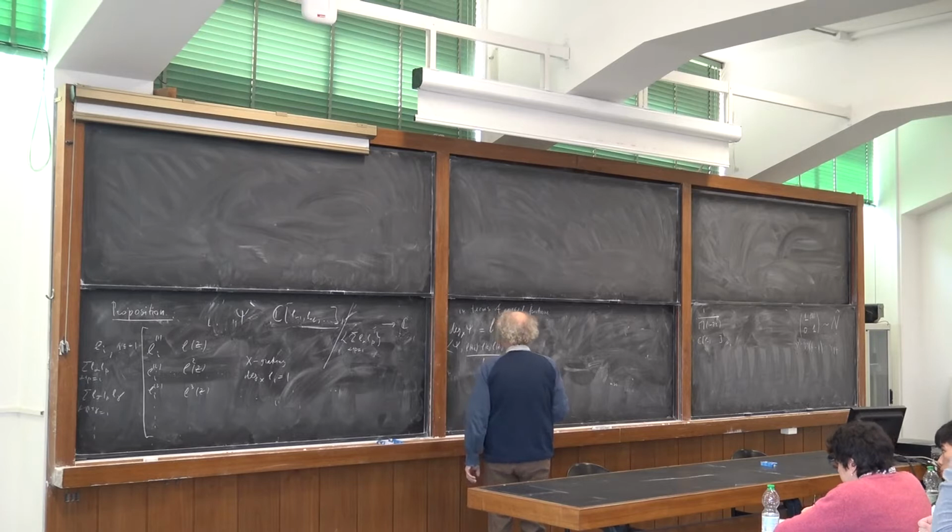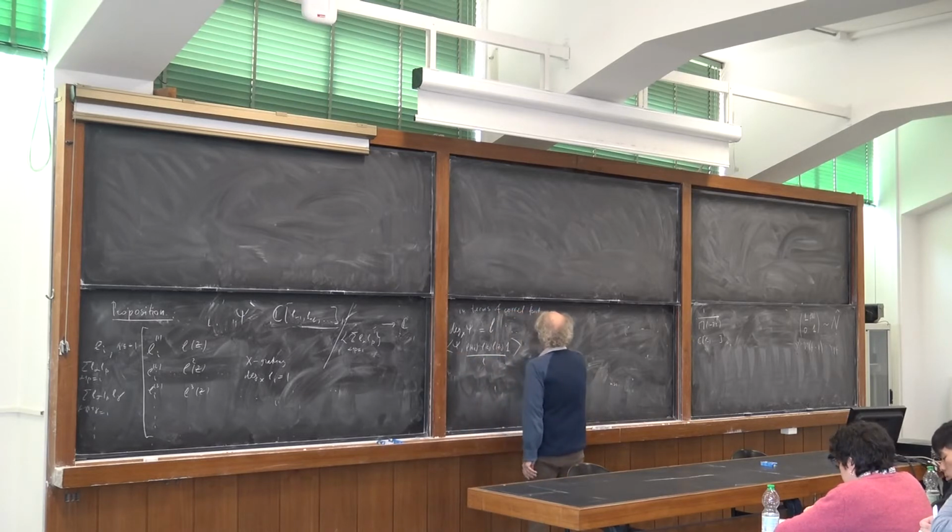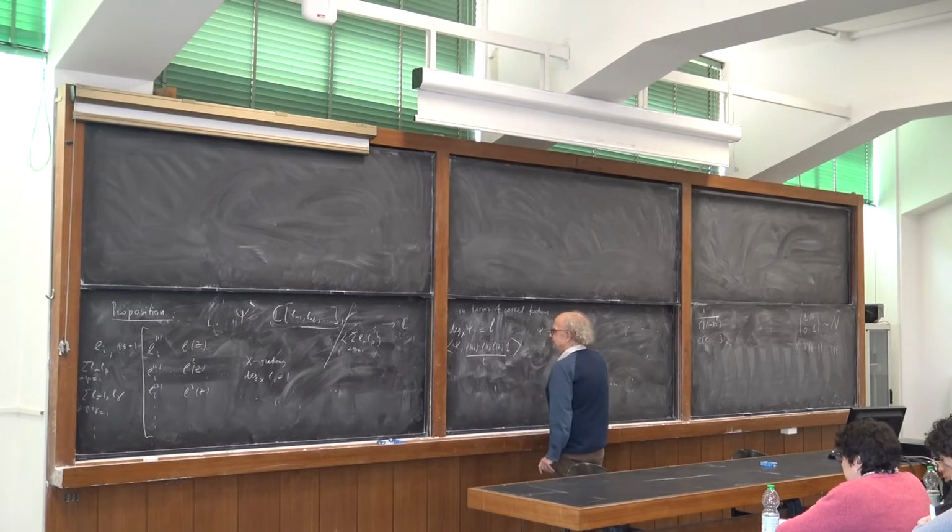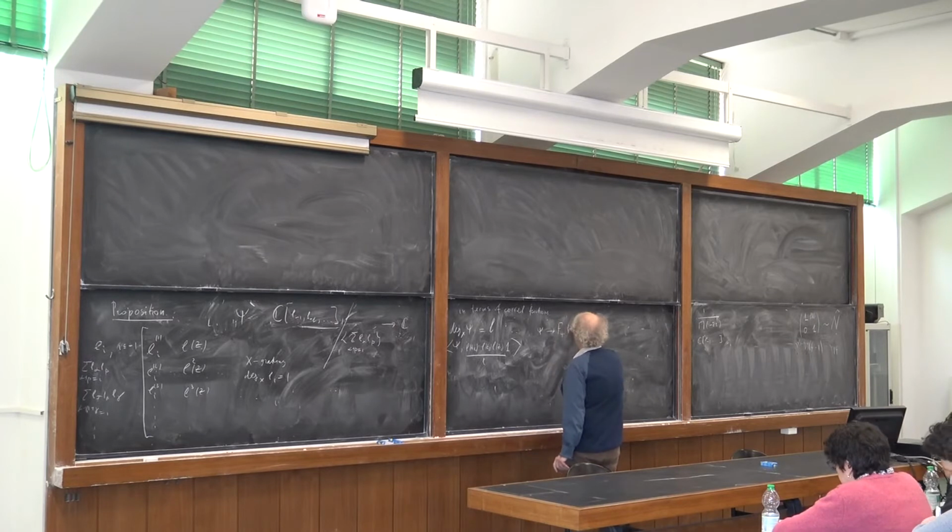After that, it gives me psi. I correspond some function to this, maybe f, depending on psi and on z1 and so on, zL. What do we know about this function?